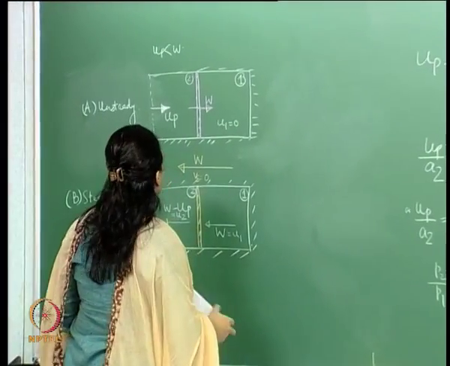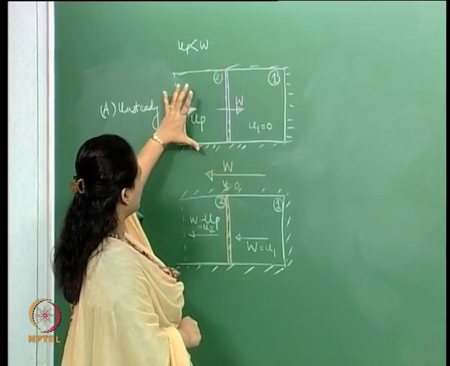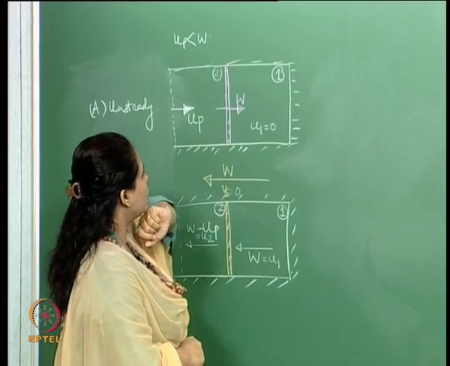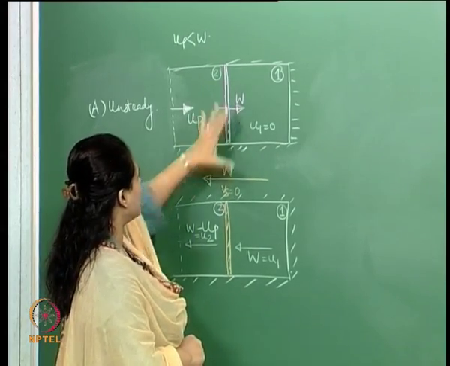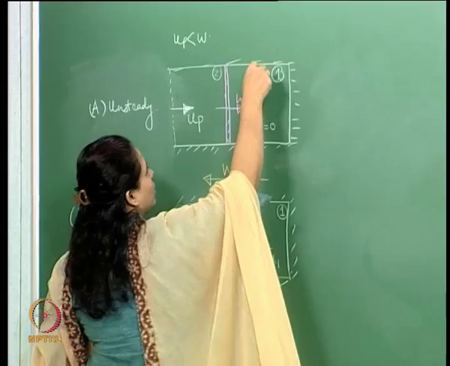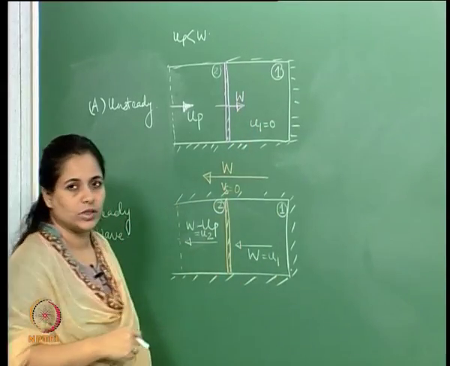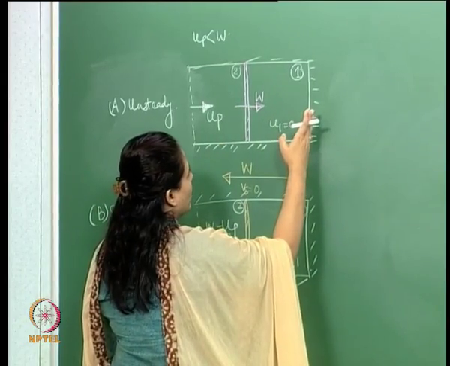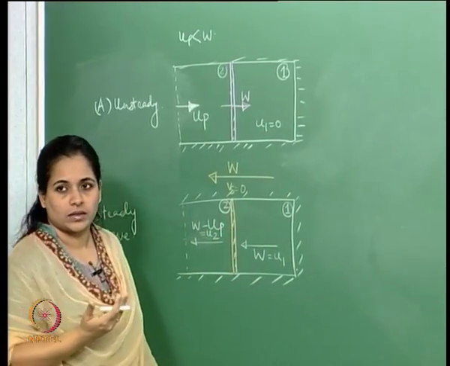Now this shock is moving into the tube. You can think of it as suddenly closing a valve in this region, or the shock hits against this wall and then reflects back.